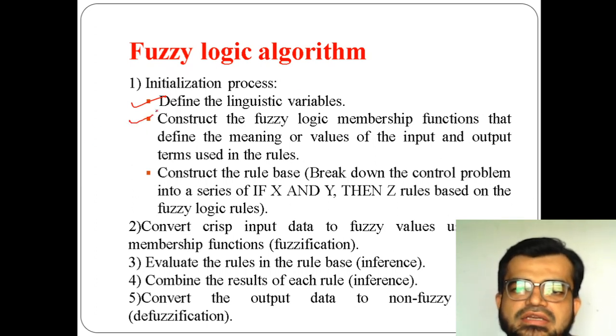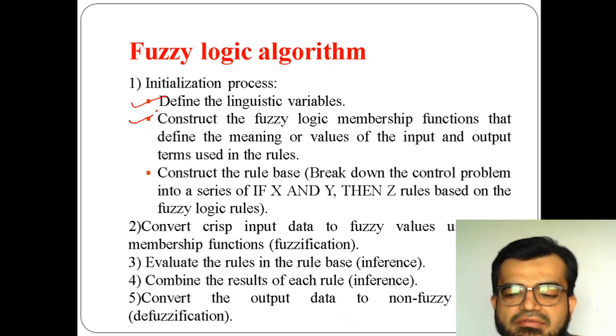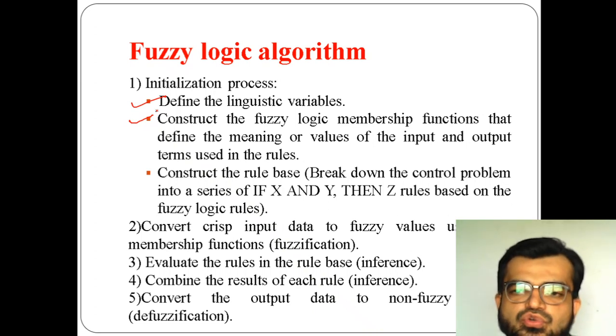A membership function is actually a graph. The fuzzy set value is mapped onto that graph, giving a membership in the range from 0 to 1.